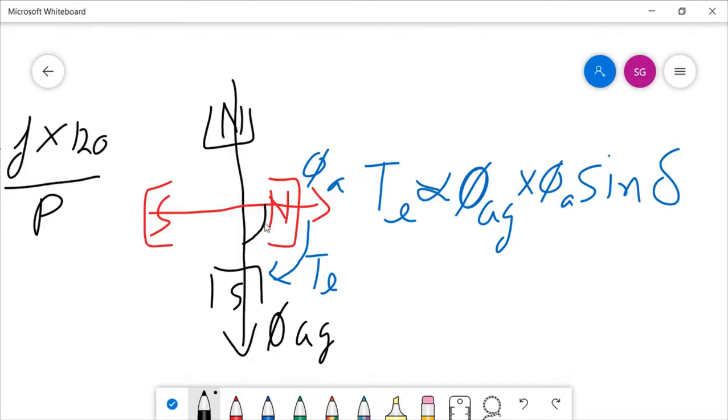So we can see at the starting this is delta. At the starting this delta is 90 degrees. So maximum torque is generated at the starting, when the rotor was stationary.